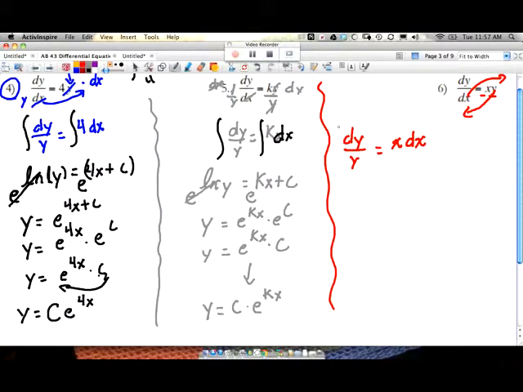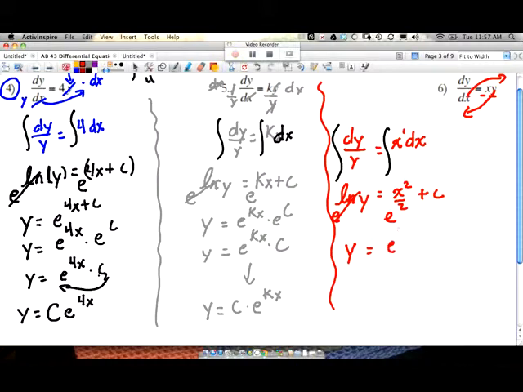So now let's integrate both sides. The antiderivative of dy over y is natural log of y. No surprise there. But this other side, x to the first, is going to become x squared over 2, and we still have the plus c. Now when we raise e as a base to both sides, we get a y on the left.